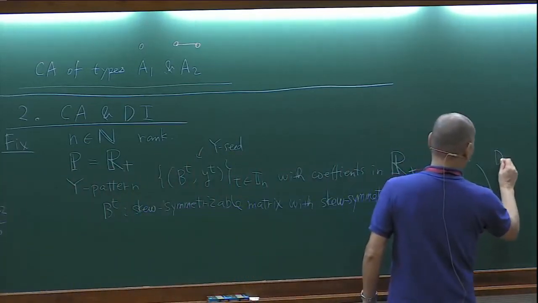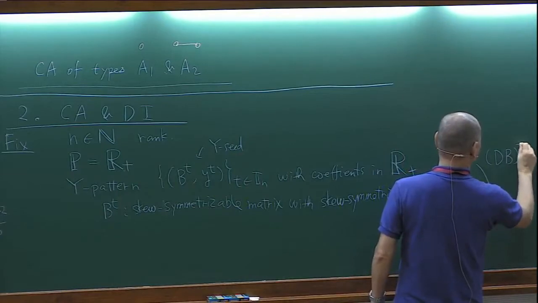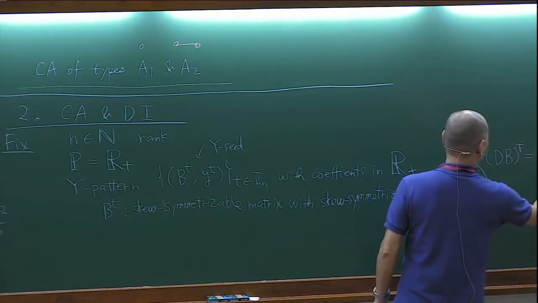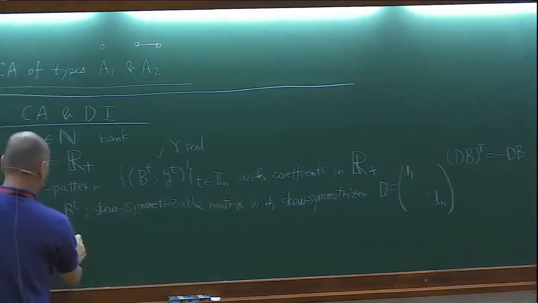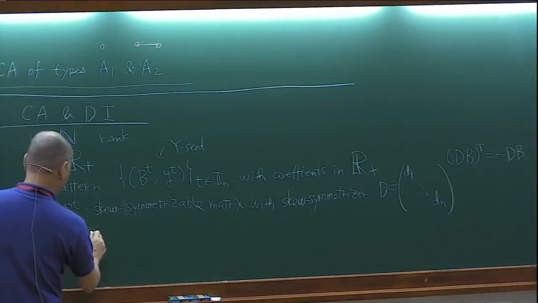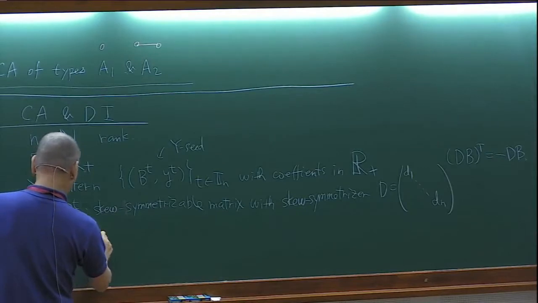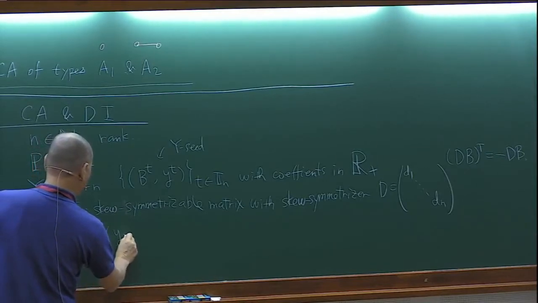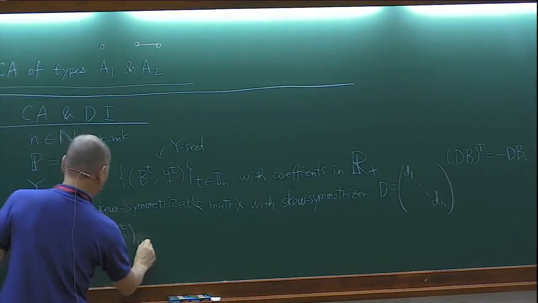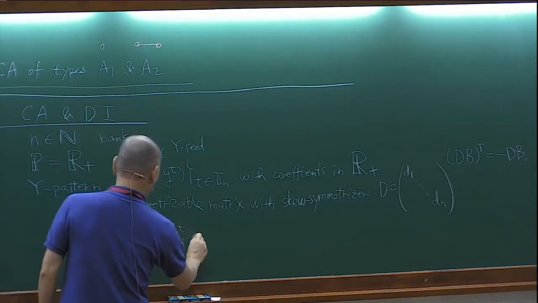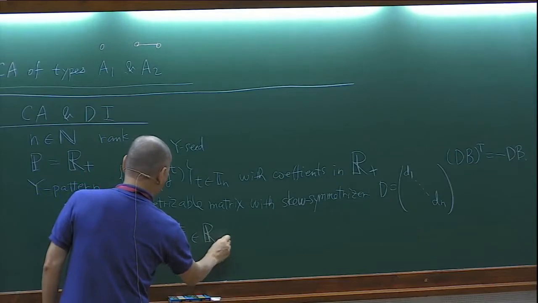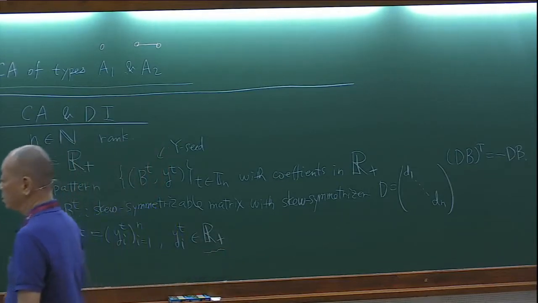Maybe I recall everything. And also, I recall what is Y_t. So Y_t is an n-tuple of Y variables, and the Y variables all live in positive real numbers.